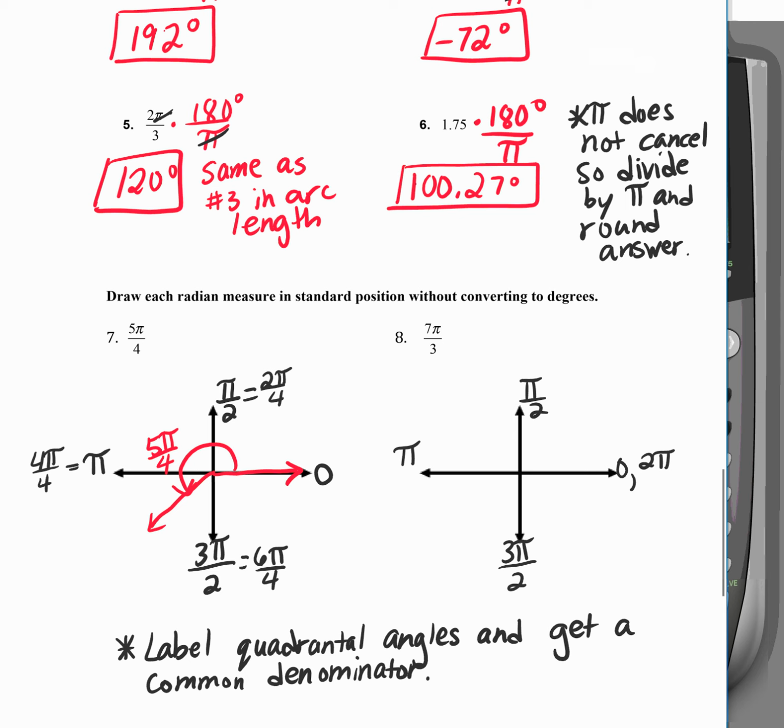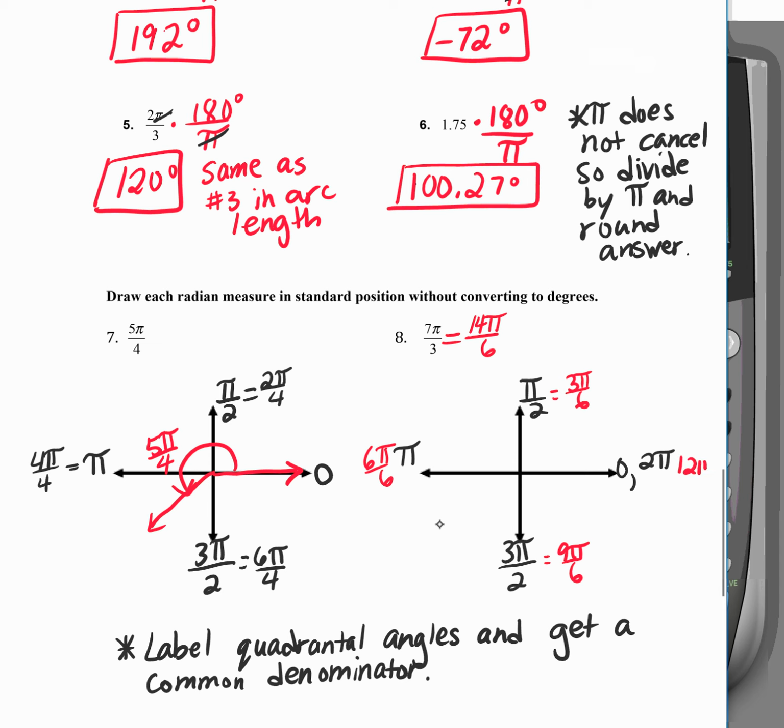Right, this one's a little trickier because to get a common denominator here with 3 and 2, we need to make both of these common. So we're going to 14 pi over 6 for this, and then we'll make all of these over 6. So 3 pi over 6, 6 pi over 6, 9 pi over 6, 12 pi over 6.